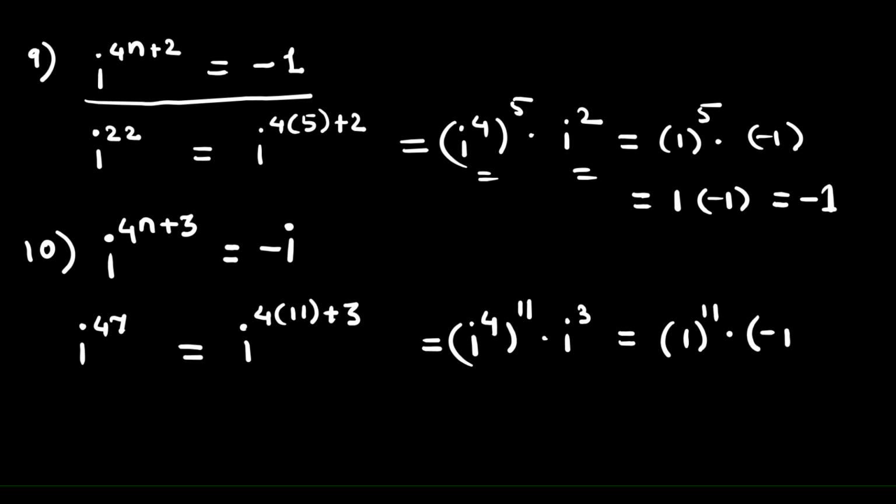We know that i cube is minus i, so we get 1 into minus i, which is minus i. In this way, i to the power 4n plus 3 is equal to minus i. We will use all these properties to solve the examples.